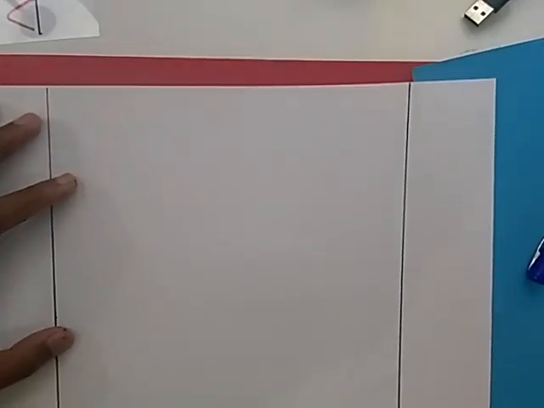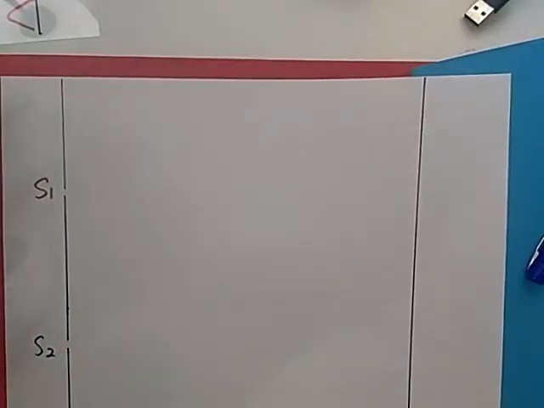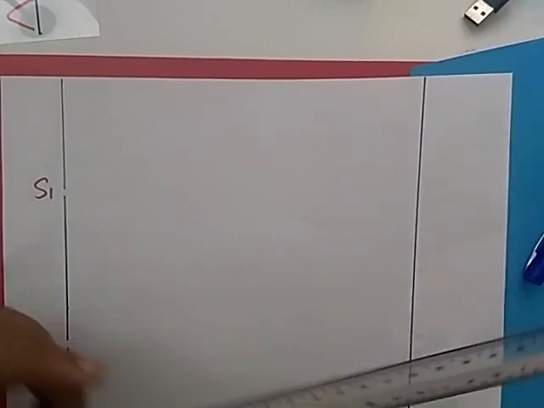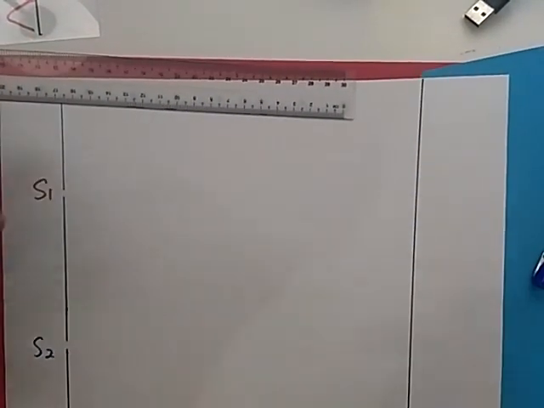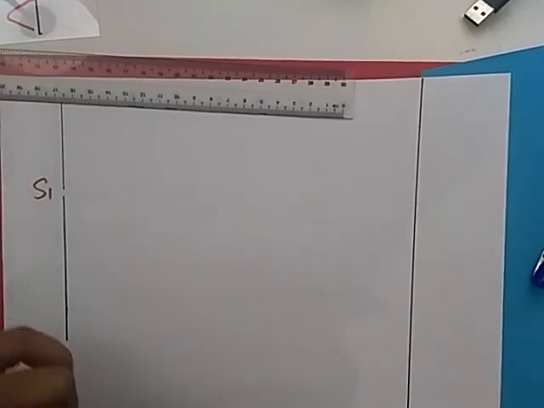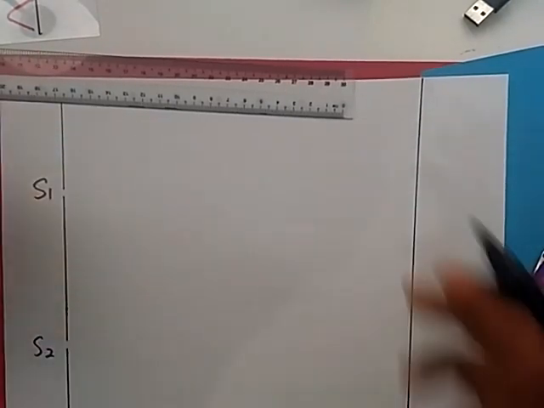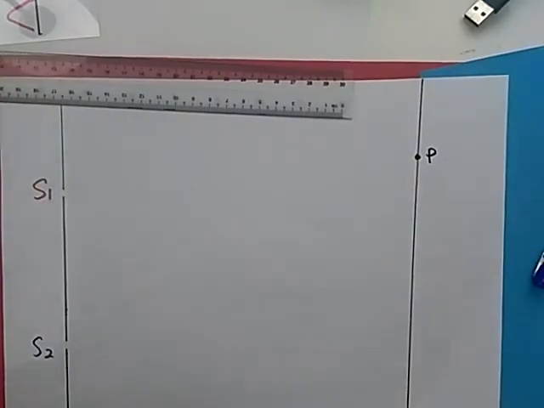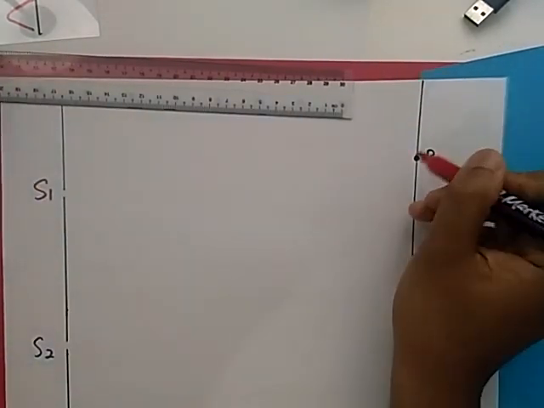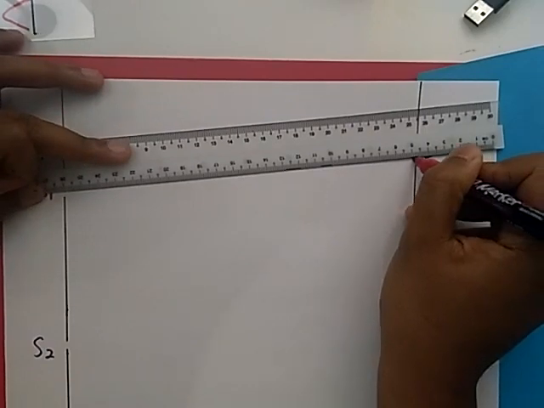So yang pertama sekali mari kita consider dua source of light, S1 and S2. So let's say that these sources of light meet at a point on a screen and we name it as point P. So untuk S1 ke point P dia melalui jalan ini.